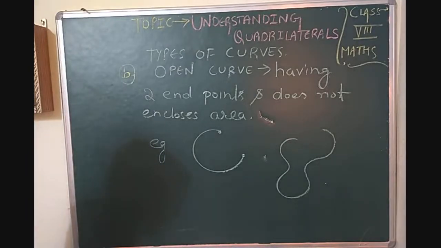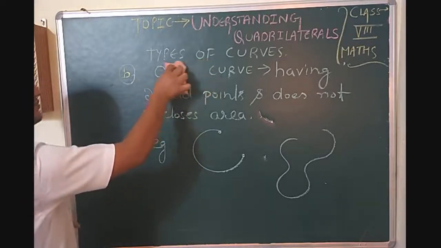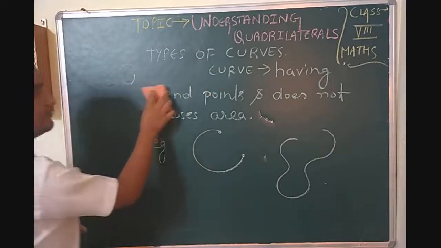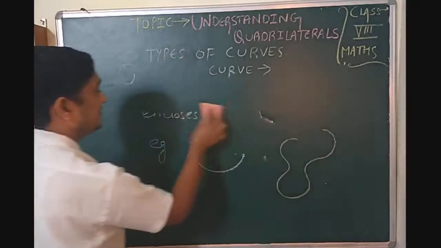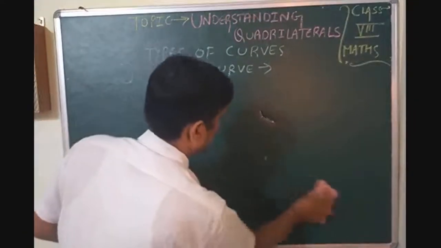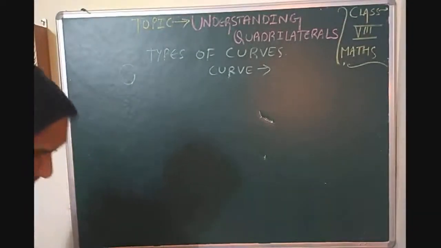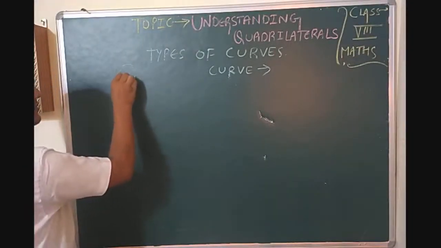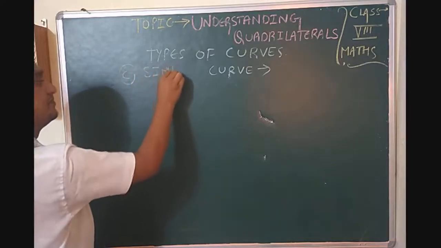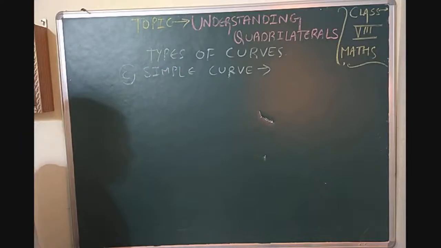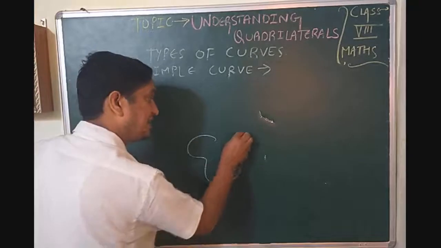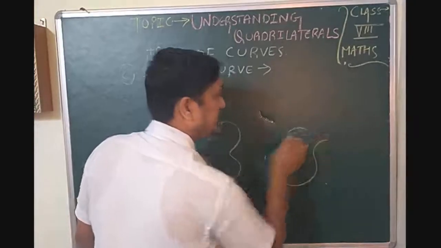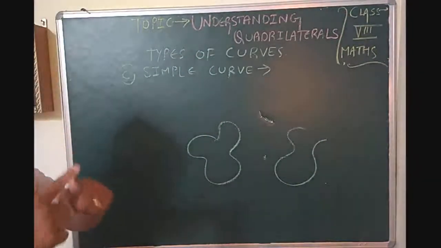Next, children, after open curve, we will learn simple curve. Third one is simple curve. These are those curves, children, that can change their direction but cannot cross one another.